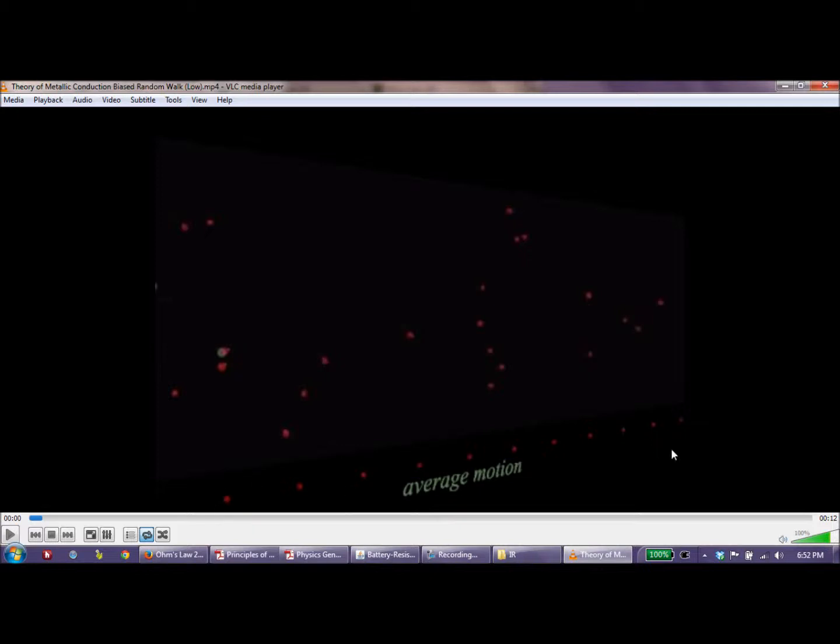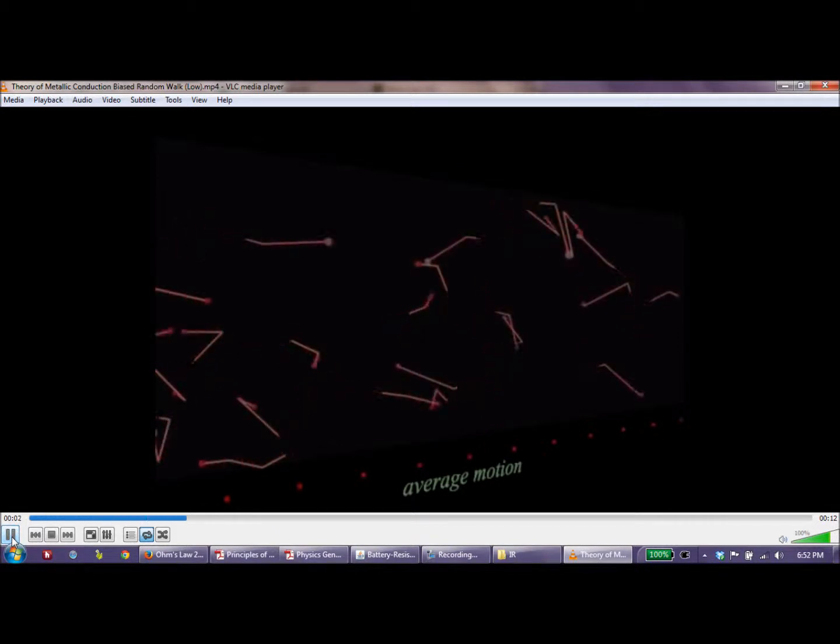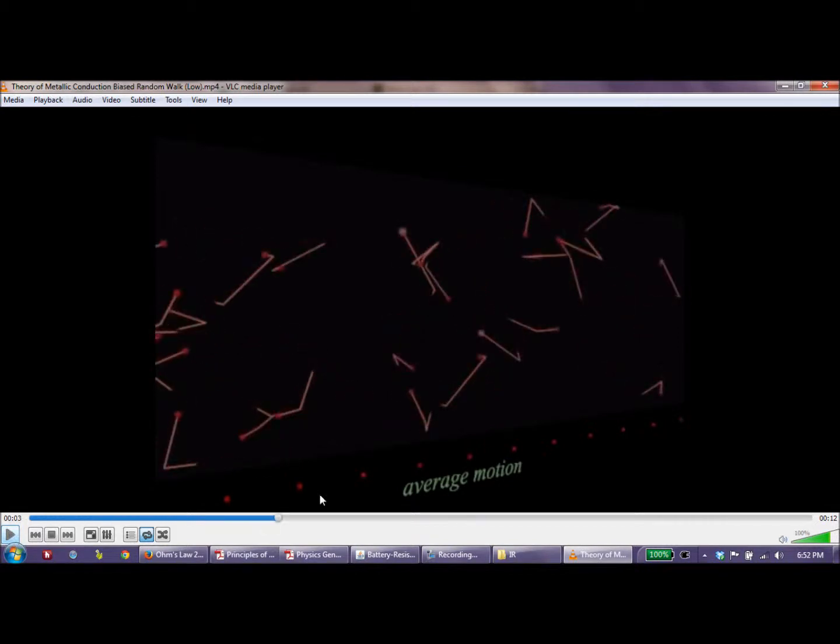The red dots along the bottom will show the average motion of them. So when we've got a conductor like this, it's got a lot of red dots, and they are moving around randomly. And you can see that random motion produces a zero average motion. If you remember back to chemistry, this random motion has to do with the temperature of the substance.